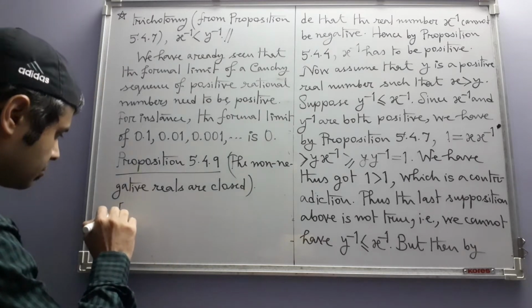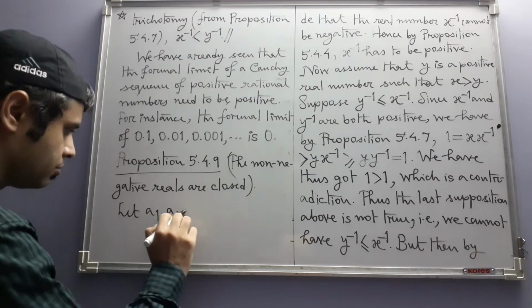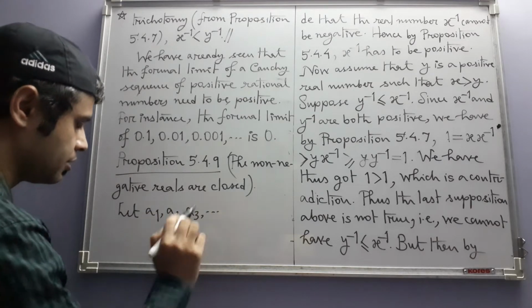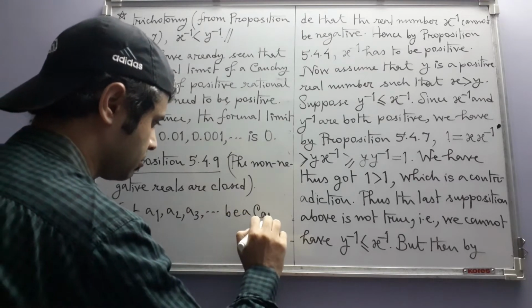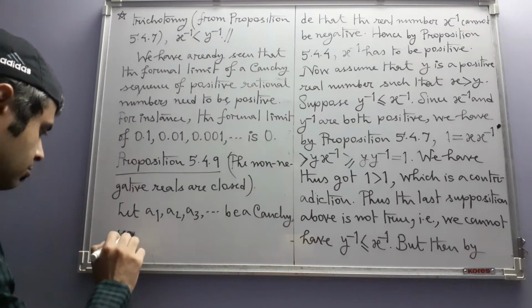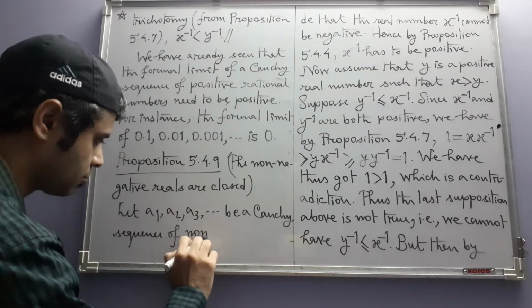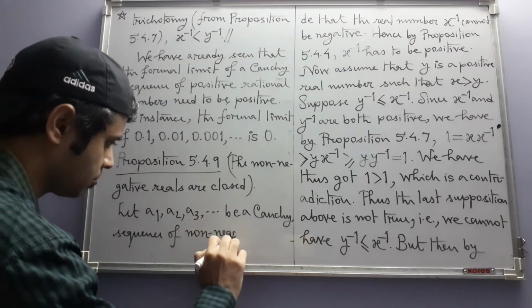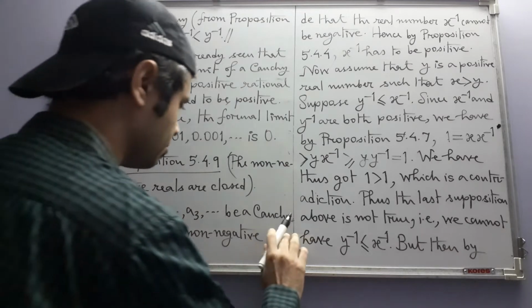Let A1, A2, A3, etc. be a Cauchy sequence of non-negative rational numbers.